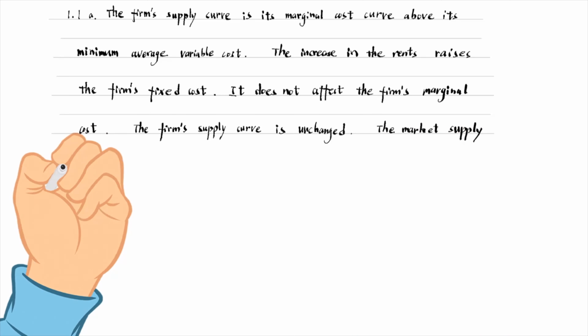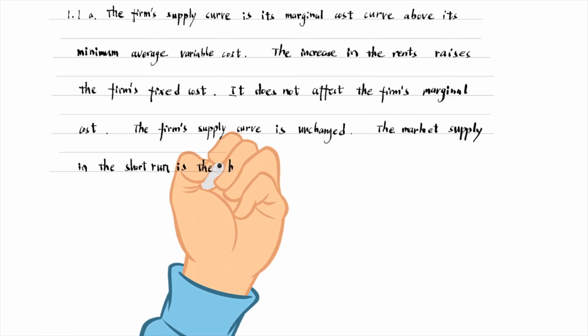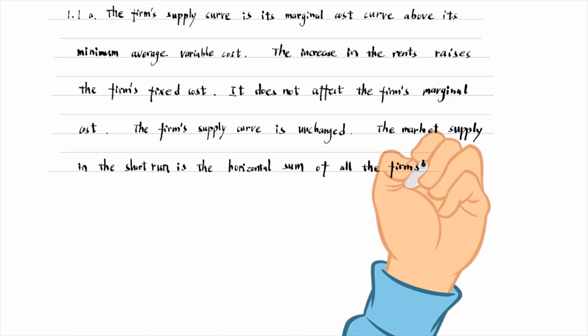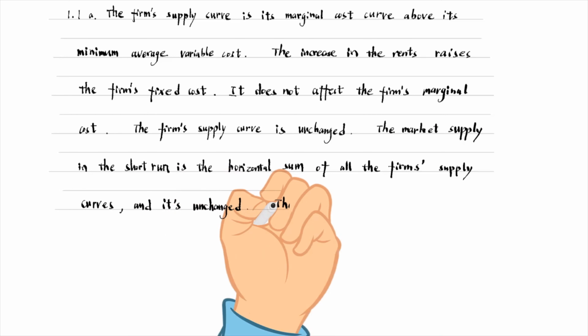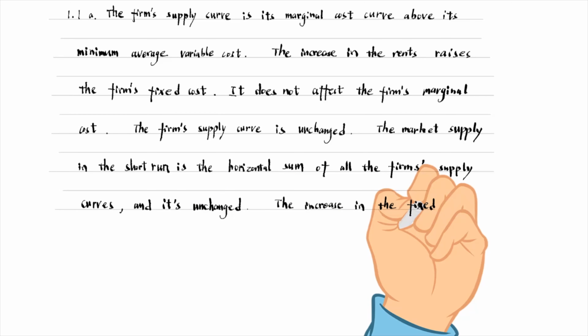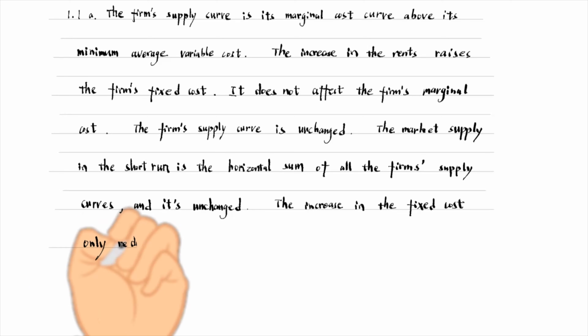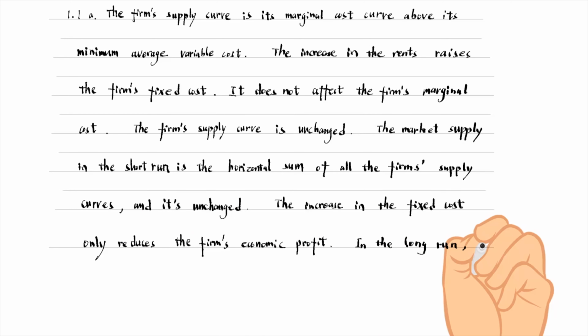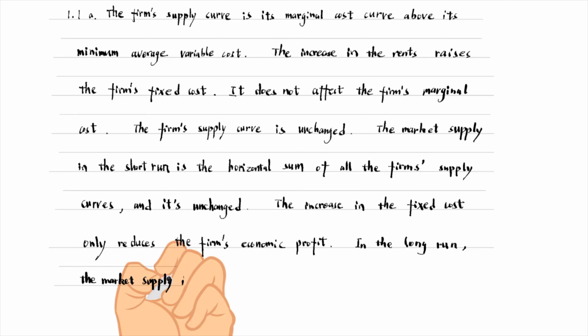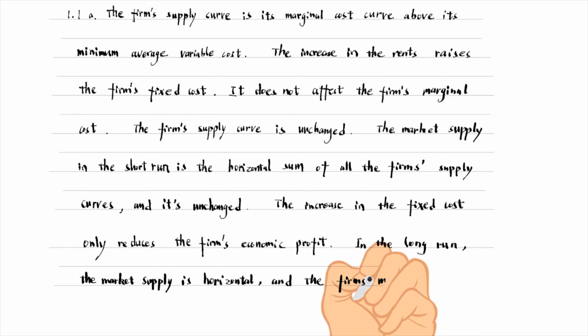The market supply in the short run is the horizontal sum of all the firms' supply curves, so it is also unchanged. The increase in the fixed cost only reduces the firm's economic profit. In the long run, the market supply is horizontal, and the firms make zero economic profit.